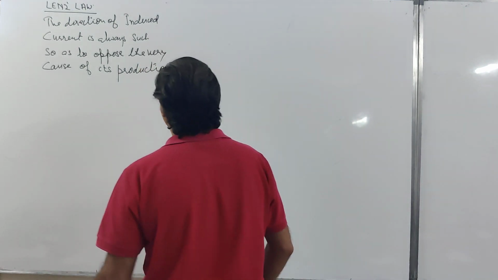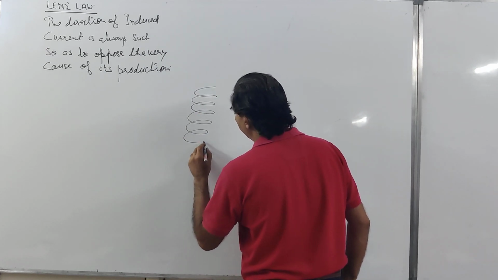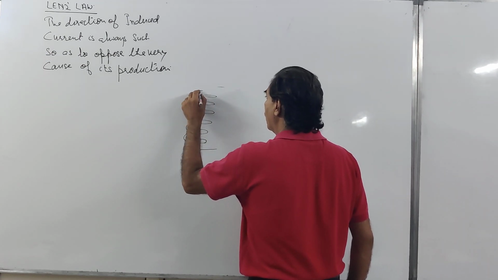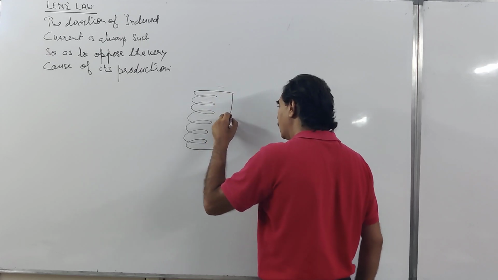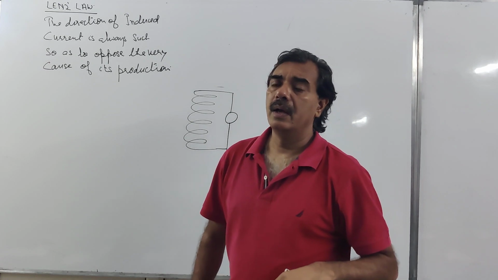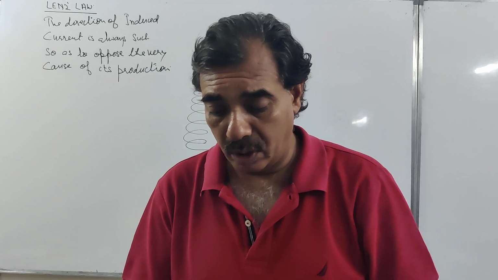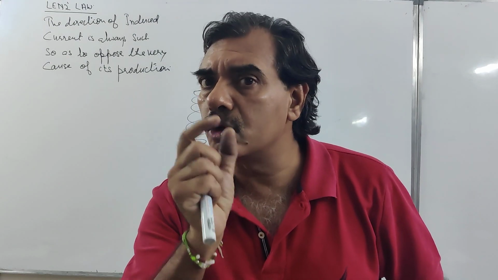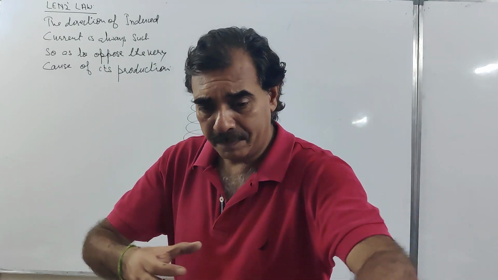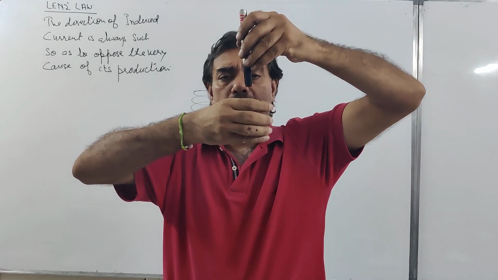अभी एग्जांपल देखो, ये मेरे पास एक कॉइल है, यहां पे एक गैल्वेनोमीटर अटैच है। Now remember, ध्यान से बात सुनना, मेरी बात गौर से सुनना। This is the top of the coil, and this is the magnet which is approaching the coil.